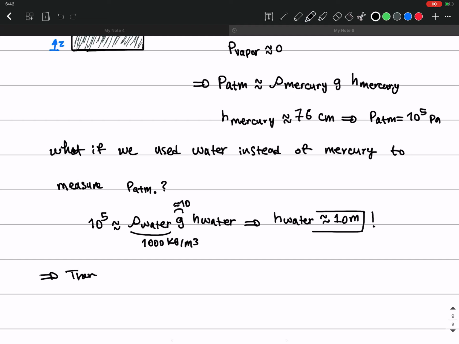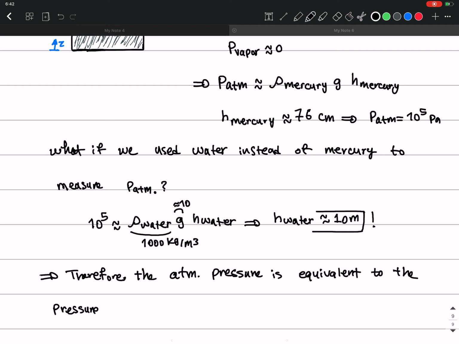So therefore, the atmospheric pressure is equivalent to the pressure of a 10 meter column of water.